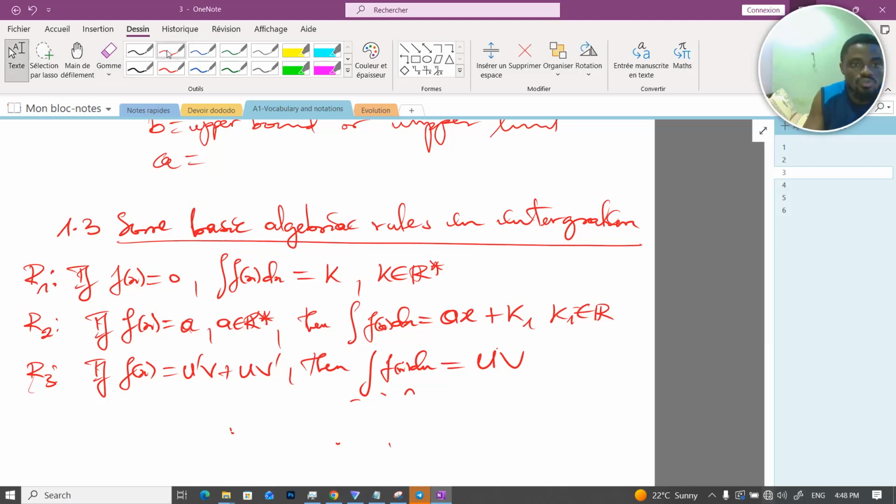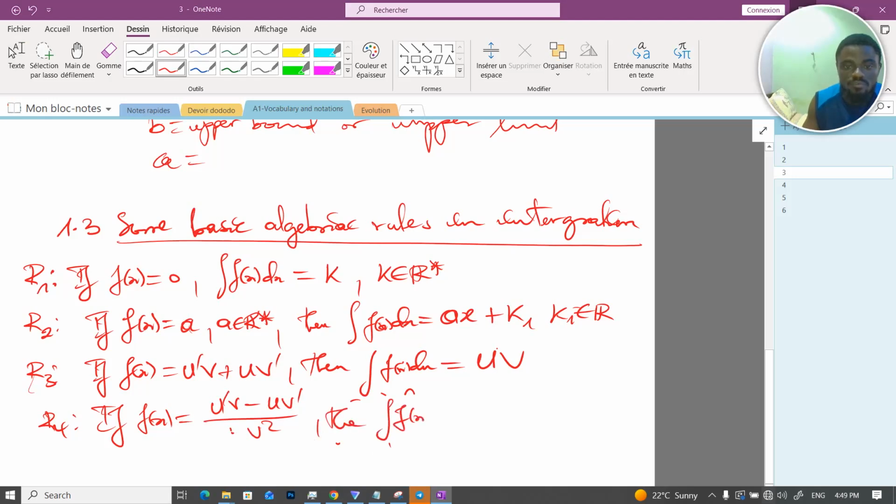The next rule, rule 4, states that if f of x is equal to u prime v minus u v prime all over v squared, then the integral of f of x dx will be equal to what? If you have something of this form, what does this formula remind you of?